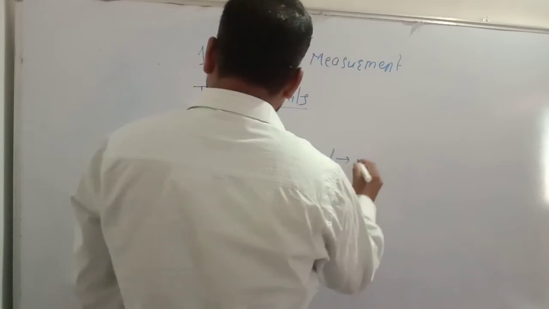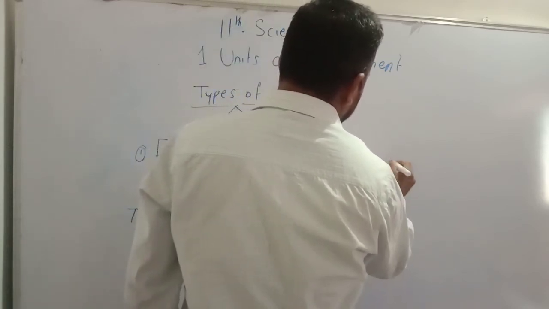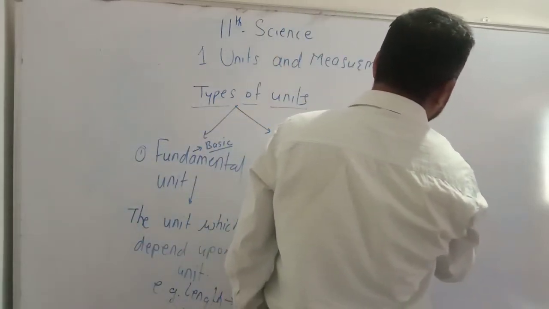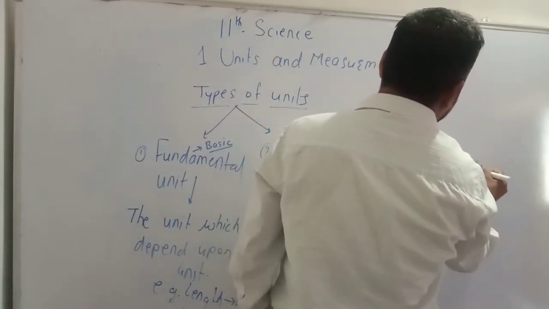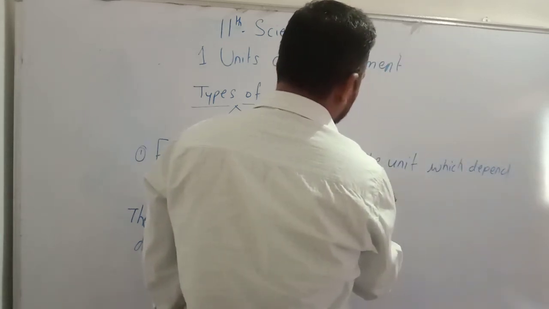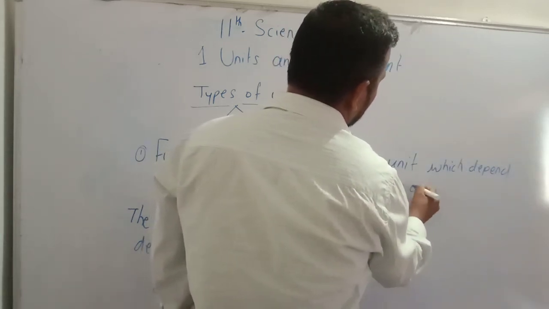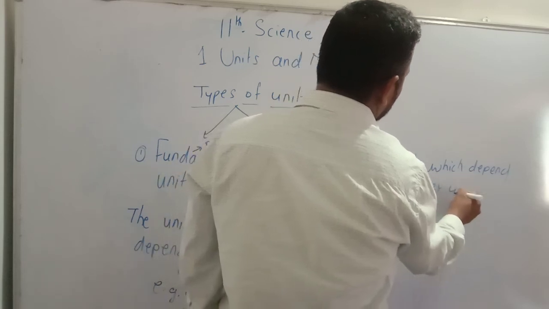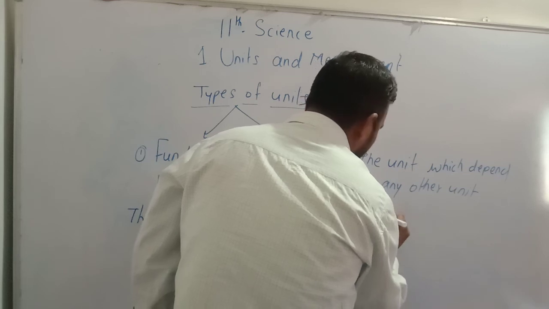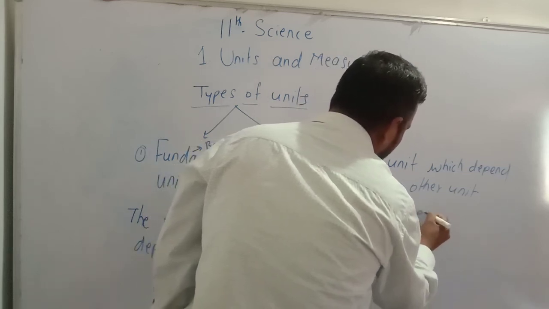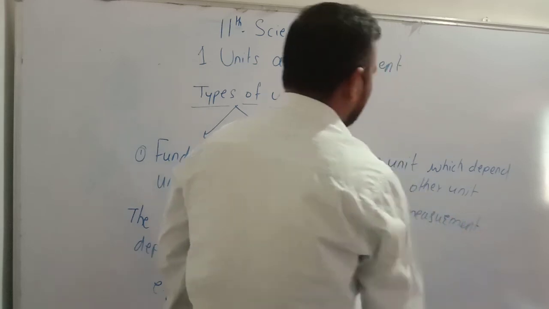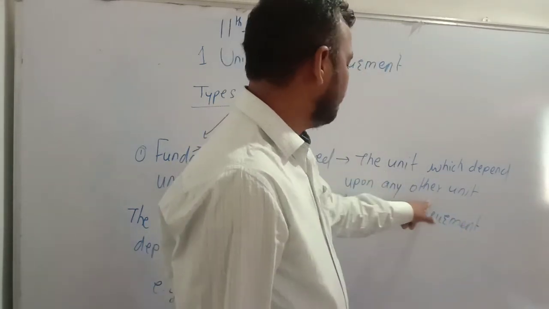Derived unit is the unit which depends upon any other unit for their measurement.